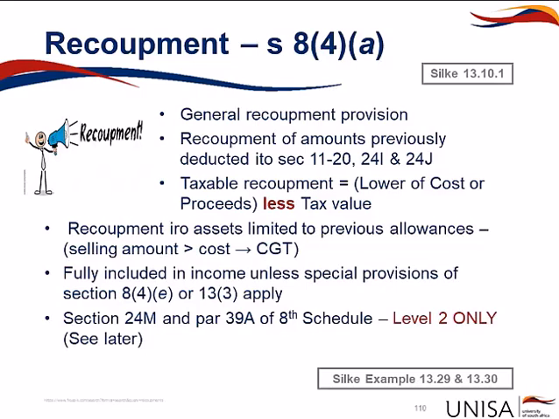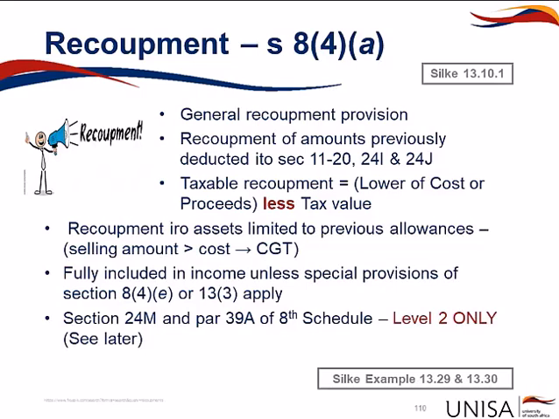That makes sense. So the selling amount, where it is greater than the cost, we also need to go and work out what the capital gain is in that case. Remember, wherever we are disposing of an asset, we need to go and have a look at the recoupment, and because it's an asset, we need to calculate the capital gains.